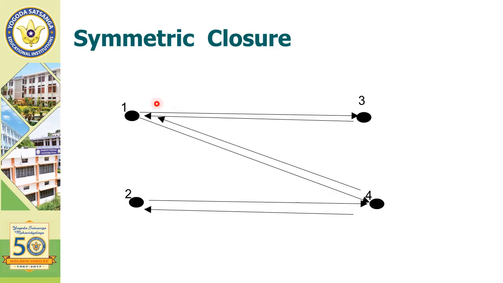That is, (1,3) was present, so we add the edge (3,1). Similarly (2,4) is present, so we add (4,2). Hence the relation is symmetric: (1,3) is present, hence (3,1) is present. It is known as symmetric closure.